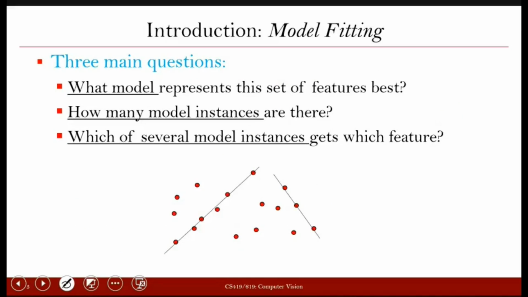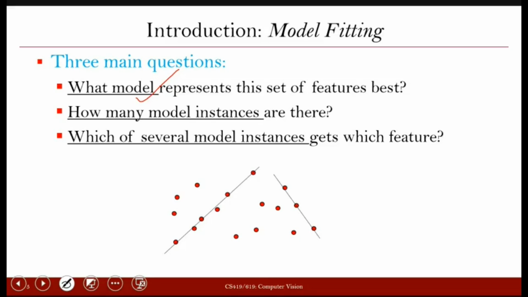Okay, so there are three main questions when we are doing model fitting. First, as I just said in the previous slide, what model are you going to choose? What model do you feel represents the set of features that we are considering in a particular problem? Similarly, once the model is decided, we have to find out how many such models exist.